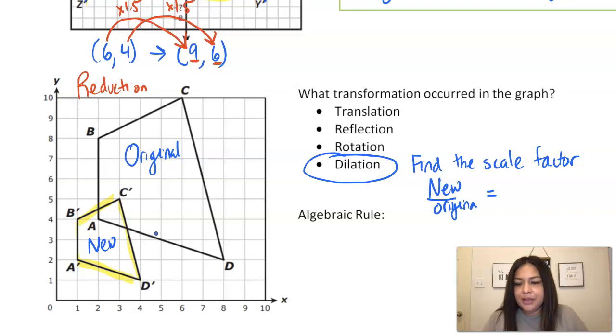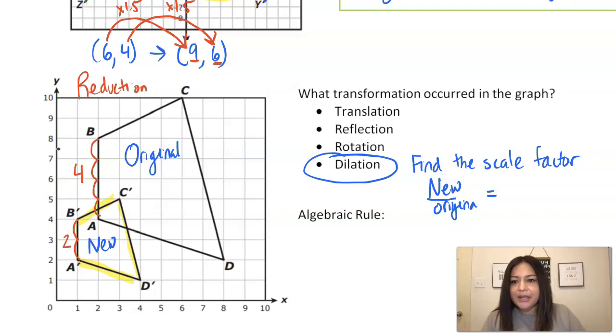So let's see. We can use a side length or we can use coordinates. Side lengths to me is always easier. So I'm going to go ahead and count 1, 2, 3, 4. Now keep in mind, we only count straight up and down or straight across. We never count slanted sides. Okay? So there's a 4 right there, and then I have 1, 2. We have a 2 right there.